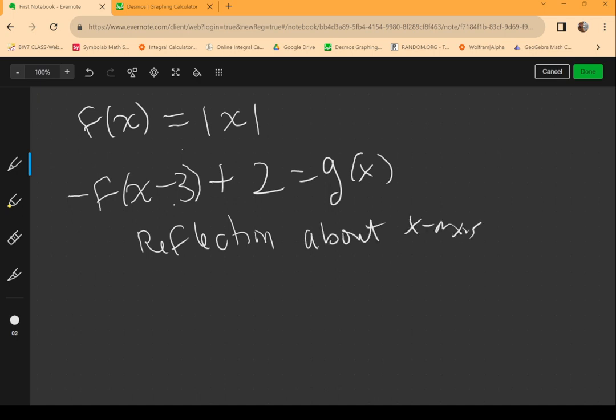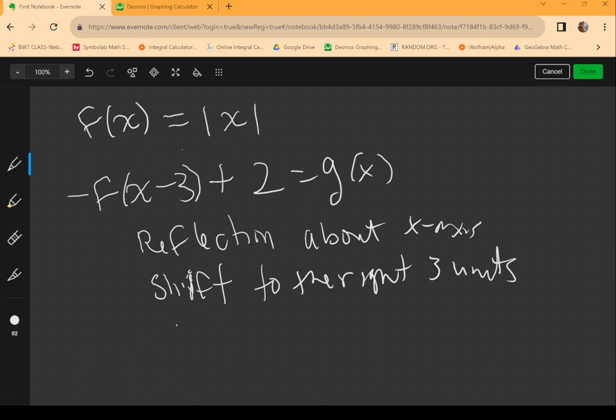We have a shift to the right. That minus 3 is a shift to the right 3 units. Shift to the right 3 units. And then we also have a vertical shift of 2 units.